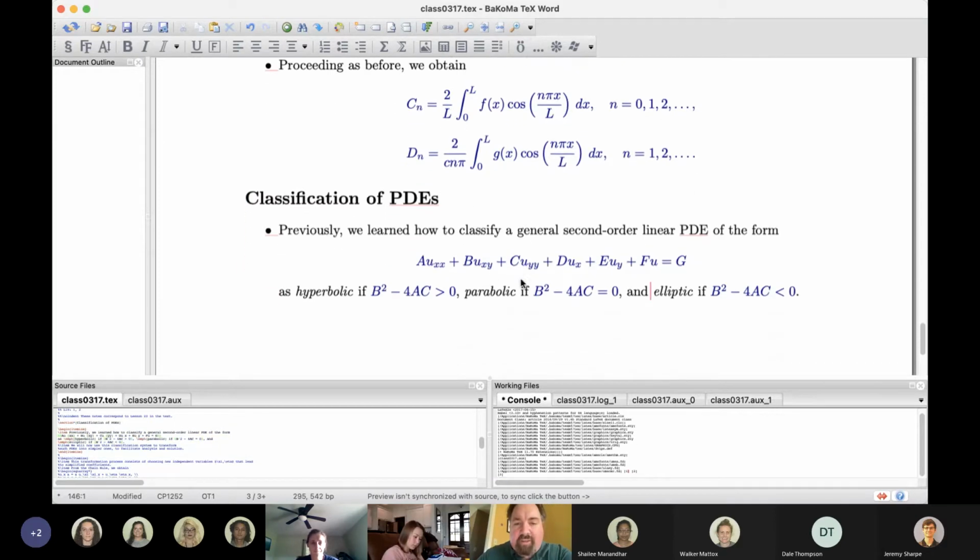If you had a general second order linear PDE of this form, whatever coefficients a through f and whatever function g, you could classify it as hyperbolic, parabolic, or elliptic. For now, we're most interested in the hyperbolic case, since that is what the wave equation is.